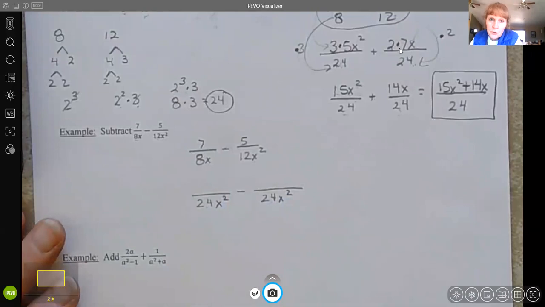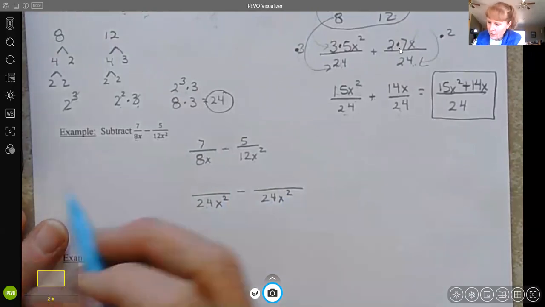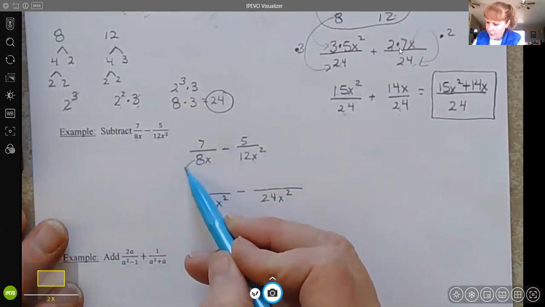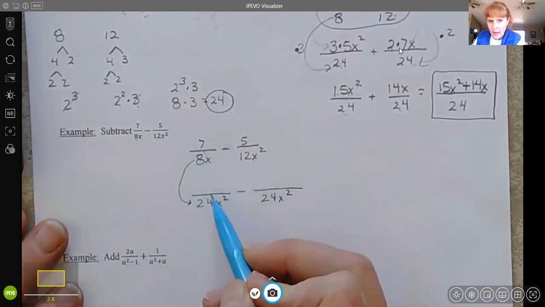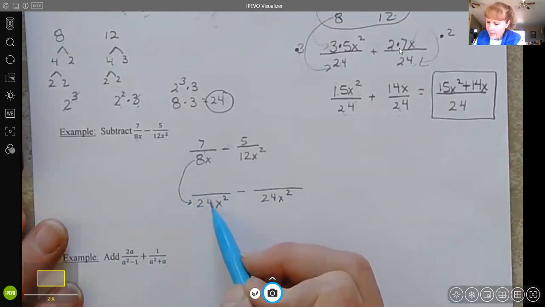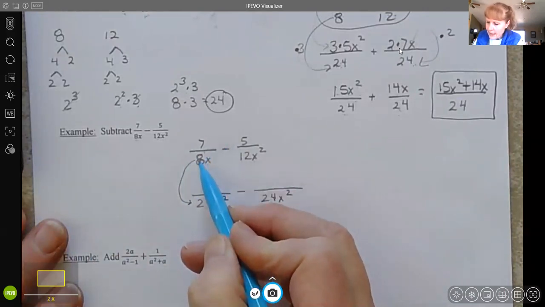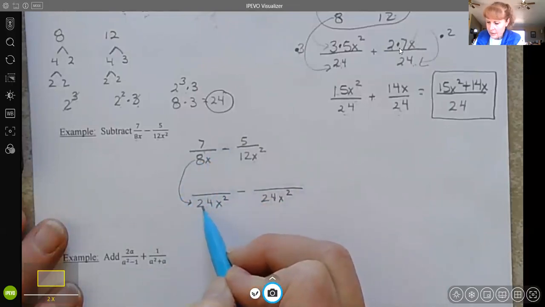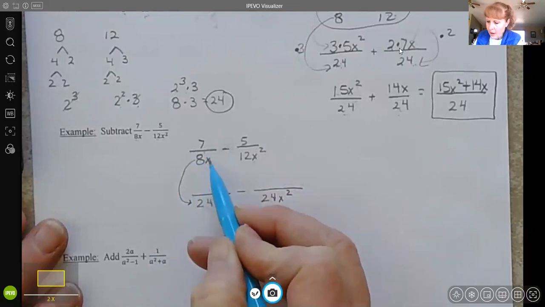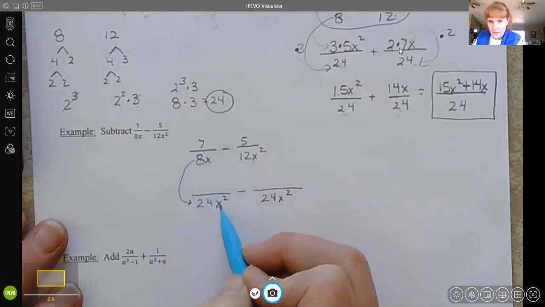Let's start with our first fraction, 7 over 8x. And you ask yourself, what did I do to go from here to here? Because I'm rewriting this fraction as an equivalent fraction. Well, I multiplied the 8 times 3 to get to the 24, but I also needed another x.